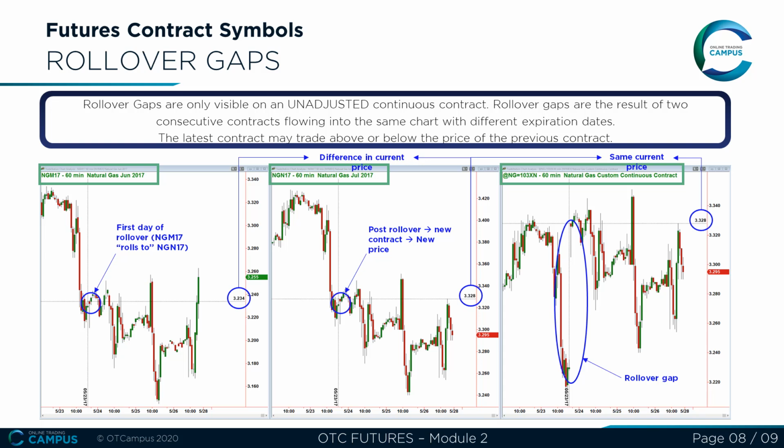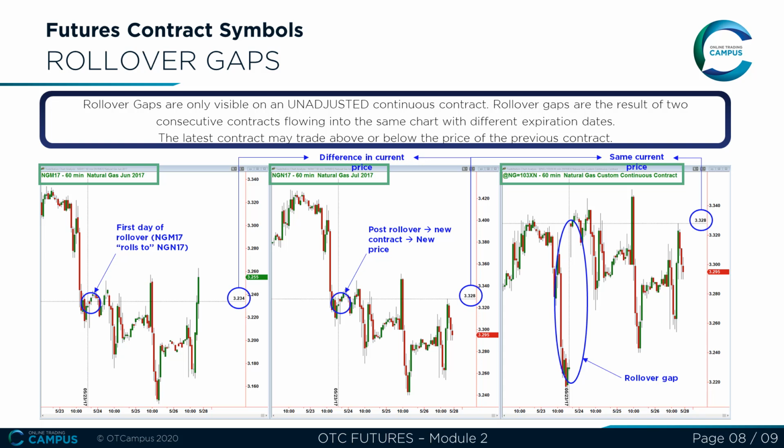My observation is that while these gaps do not get filled as frequently as a natural gap does, they also get exceeded in price enough to stop out the majority of traders who try and trade these like a natural gap. Since this gap was not created from a supply and demand imbalance, it was simply a function of one contract expiring and the TradeStation software beginning to plot the new contract price on the same chart. You can see that very clearly in this example.